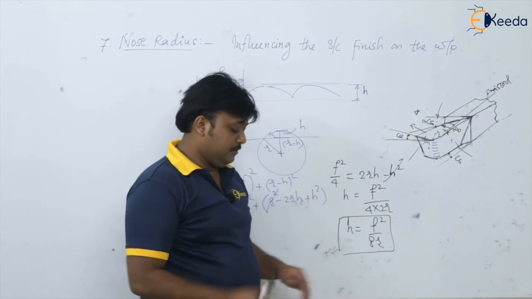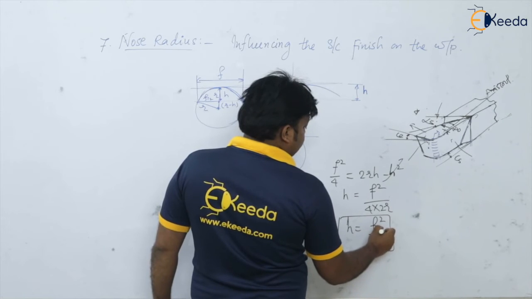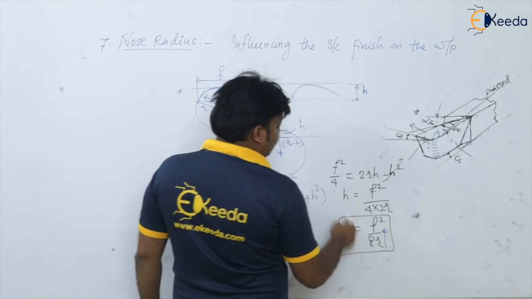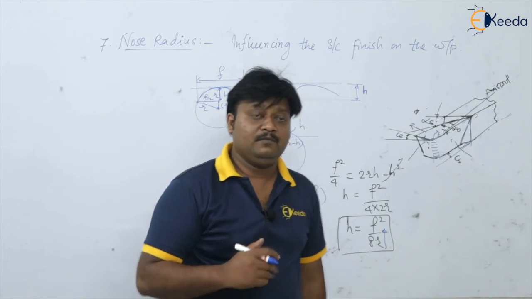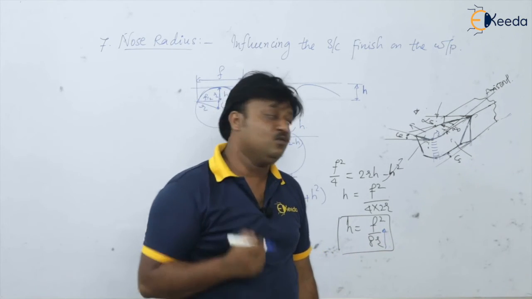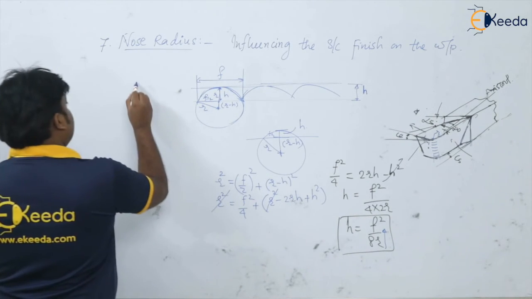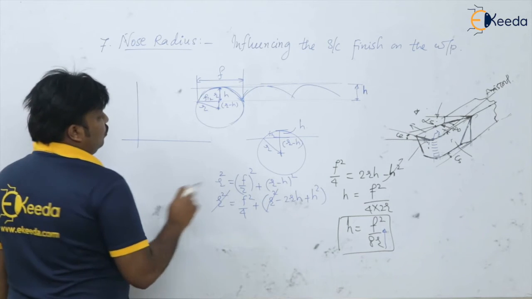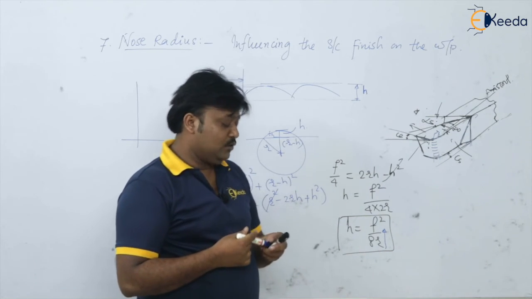So of course when you go on increasing the nose radius of the tool, your h max is going to be minimum, that is, the surface finish you produce is very good. When h decreases, surface finish goes on increasing. But whenever you go above the optimum range of this nose radius, what will happen?